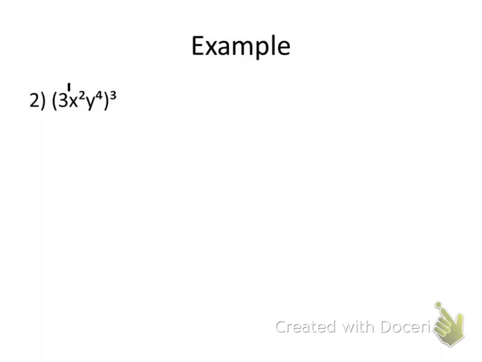The 3. So give it an exponent of 1. And then multiply all of those exponents by 3. Each one of these exponents is to the 3rd power. So this would be 3 to the 3rd power, x to the 6th power, y to the 12th power.